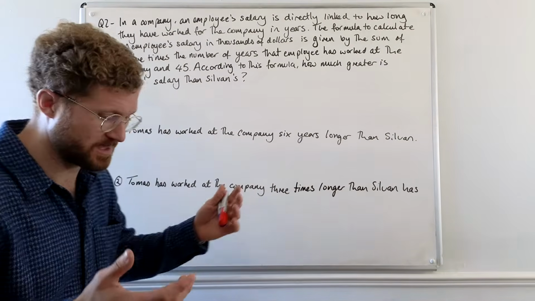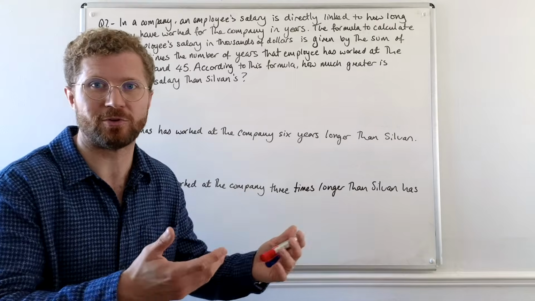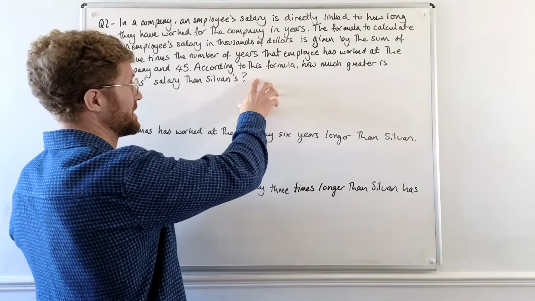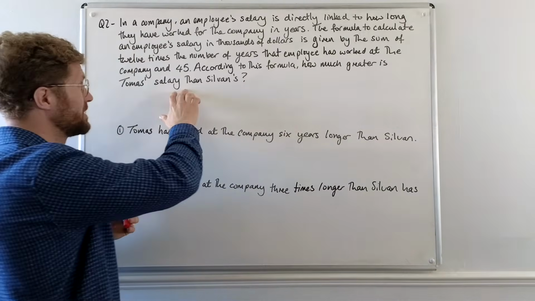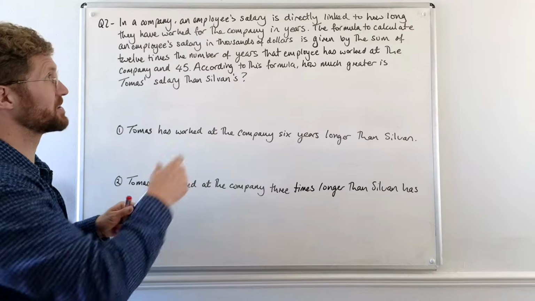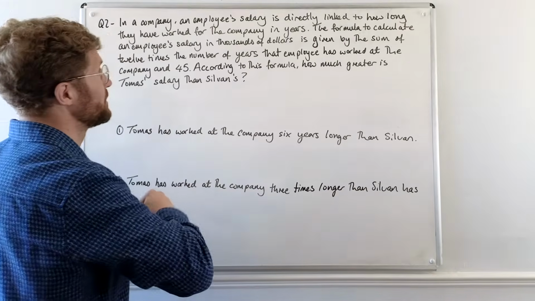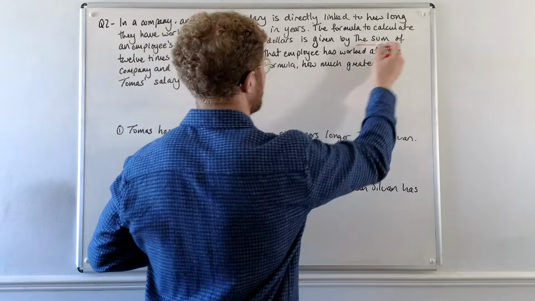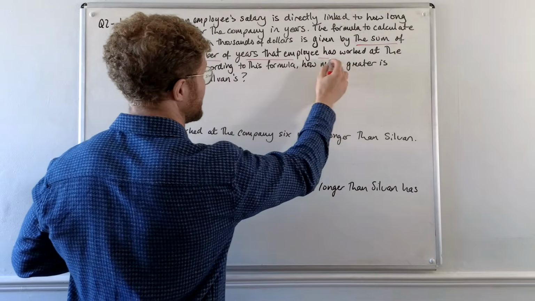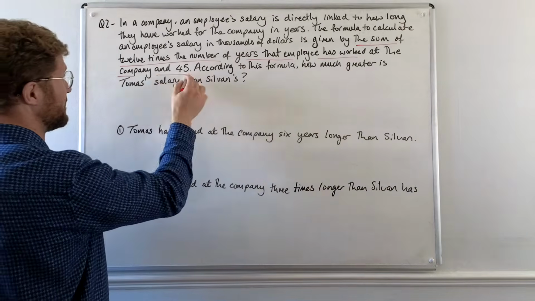So we've got this formula for the salary of an employee, and really let's just take a look at the last bit of the question. The question we're asking, according to this formula, how much greater is Thomas's salary than Sylvan's? So let's figure out what the formula should be first, and that's this middle sentence. So we're looking for the sum of 12 times the number of years that employee has worked at the company and 45.